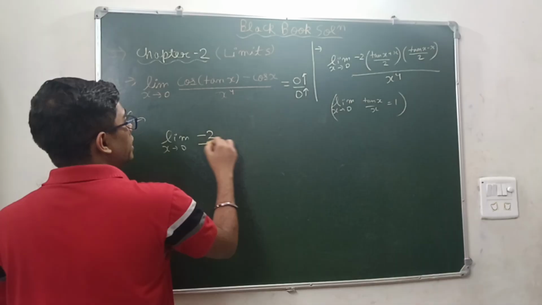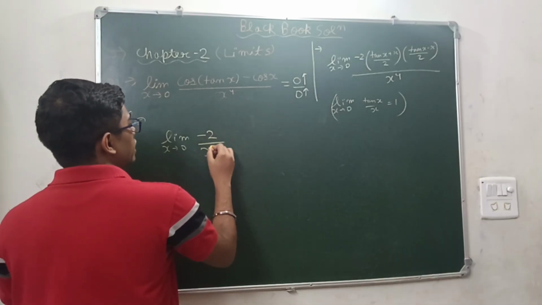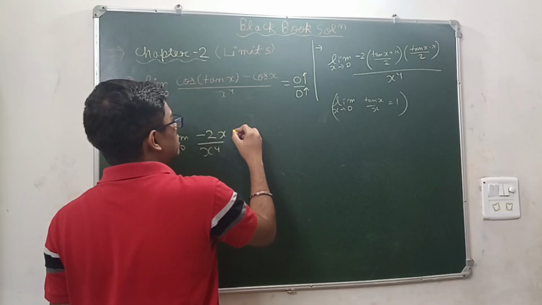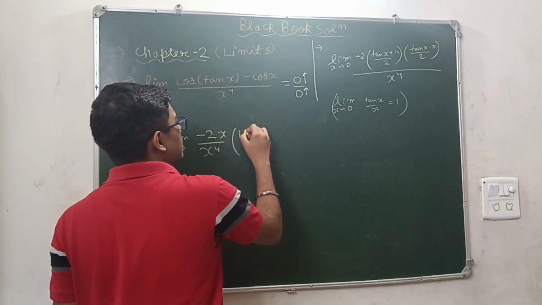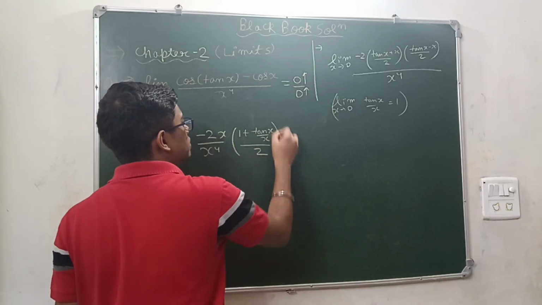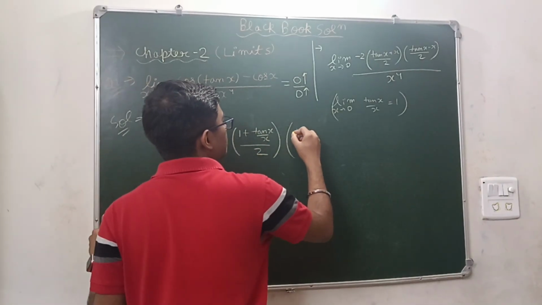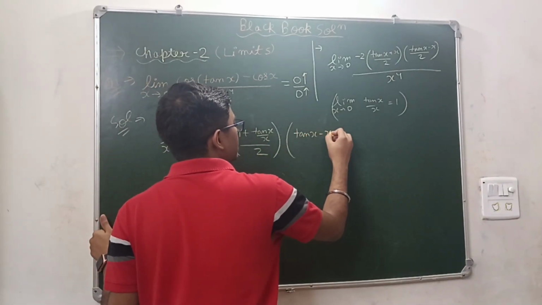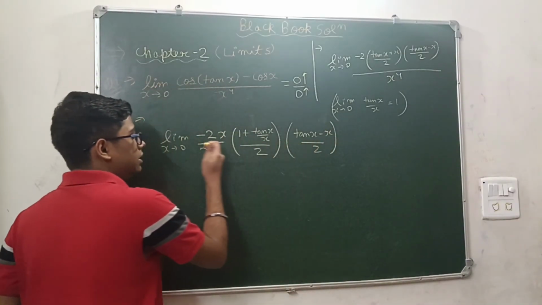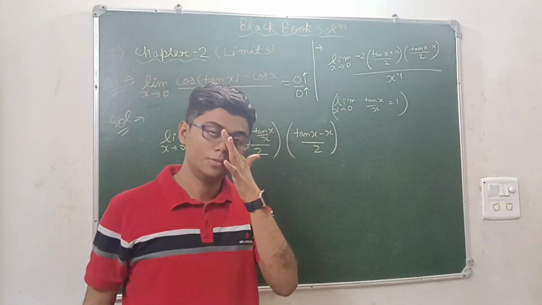This is minus 2 and x to the power 4. You have taken x common from here, so x here, and this will become 1 plus tan x by x upon 2, and this will become tan x minus x upon 2. We are left with this. Okay.